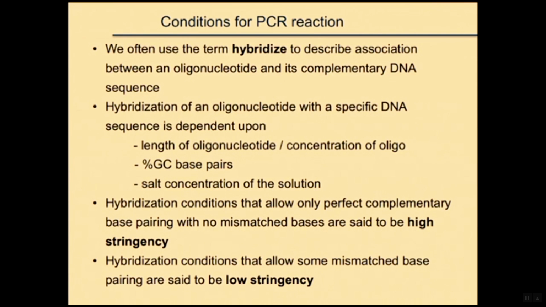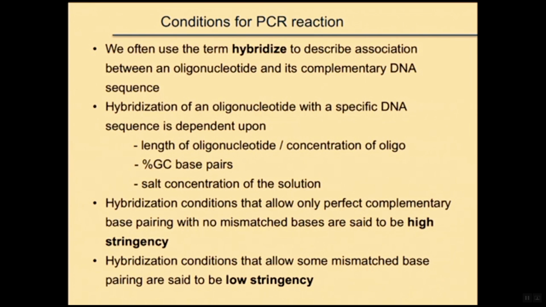And this annealing of the primer to the DNA really only allows for a string of complementary bases that don't have any mismatch, and this is what we call a PCR that's done at high stringency. This would mean that the annealing temperature is quite high in the PCR, to make sure that your primer doesn't bind to bits of the DNA that are only half complementary to your sequence.